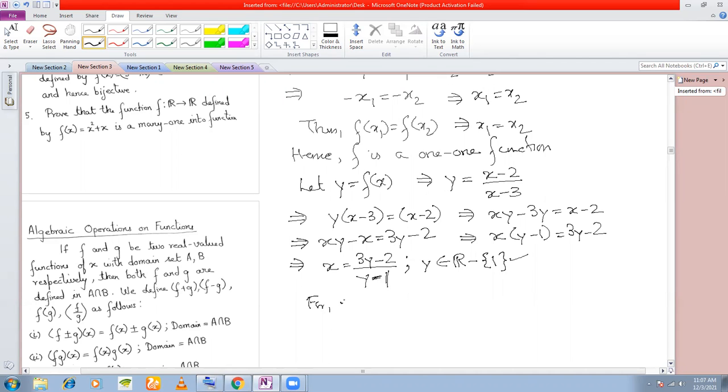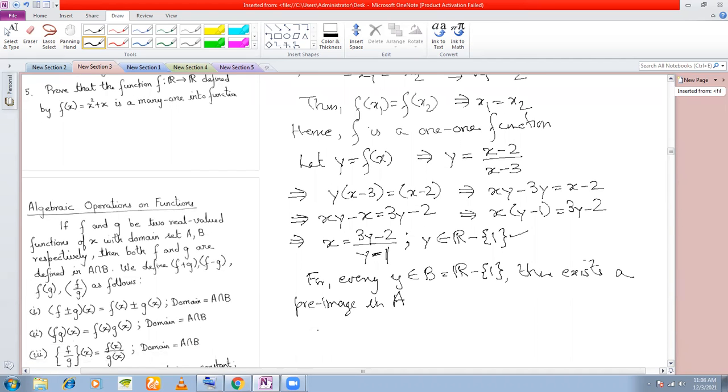So therefore, for every y belongs to B equal to R minus {1}, there exists a pre-image in A. Hence, thus f is an onto function.